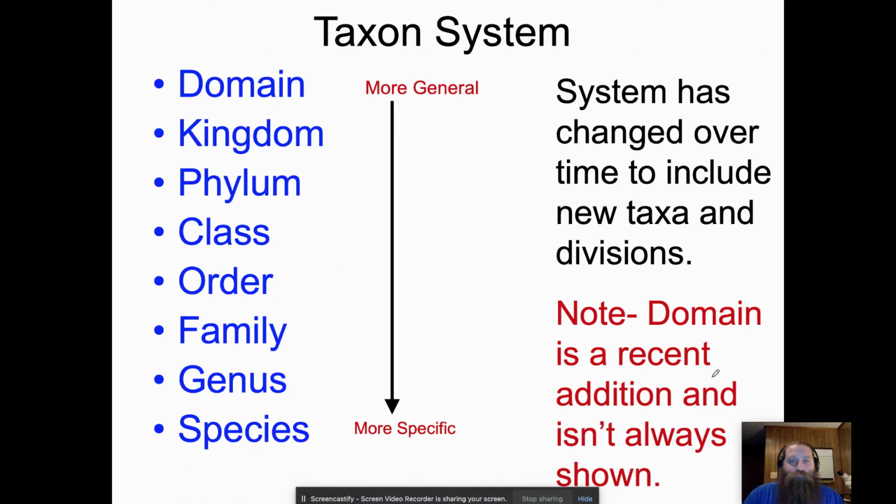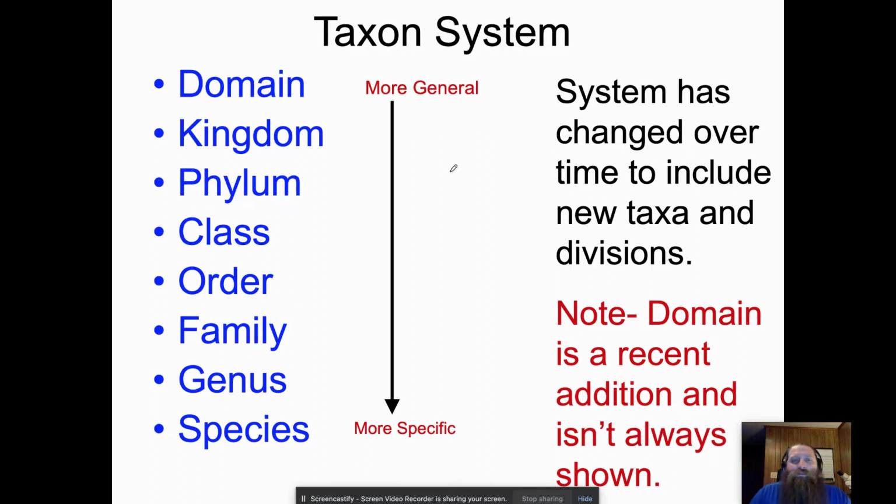All right. So here are the 8 taxa: domain, kingdom, phylum, class, order, family, genus, and species. Domain is a more recent taxon, but it's been around long enough to where most of the things that you see, if you look up an animal on like Wikipedia or something like that, you'll see the domain.